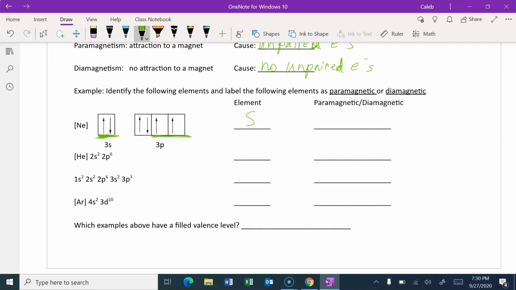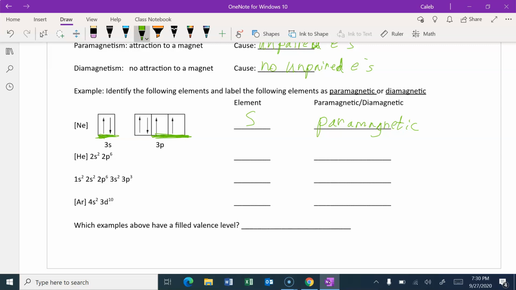All right, and I would call that paramagnetic. Another way of looking at it is if you've got parallel spin in the same sublevel, that's a paramagnetic element.